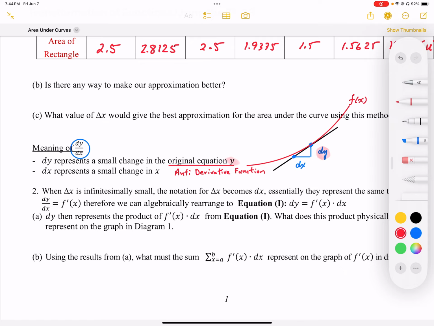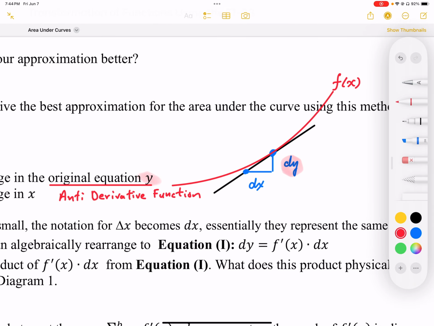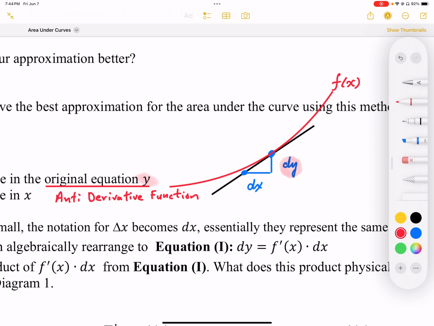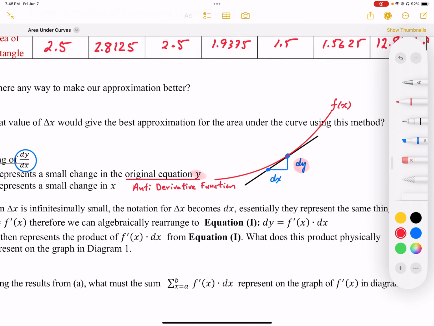And dy represents a small change in the original f of x function, which we are going to describe as the antiderivative. So if dy by dx is the derivative, the f of x, or the y, is a function that it came from, so we're going to call that the antiderivative.